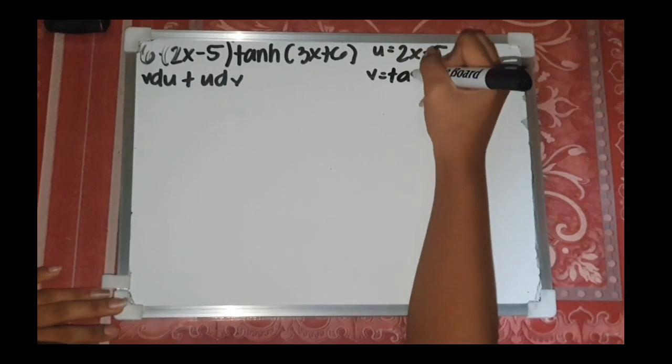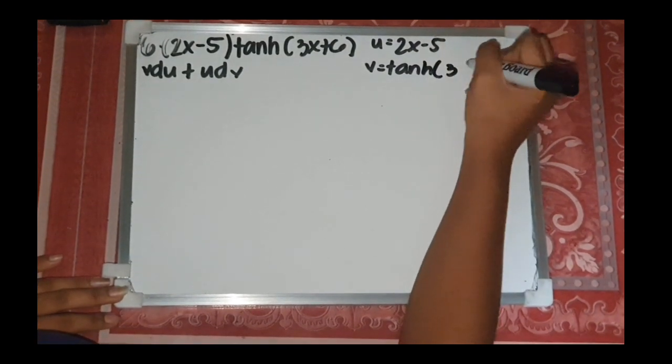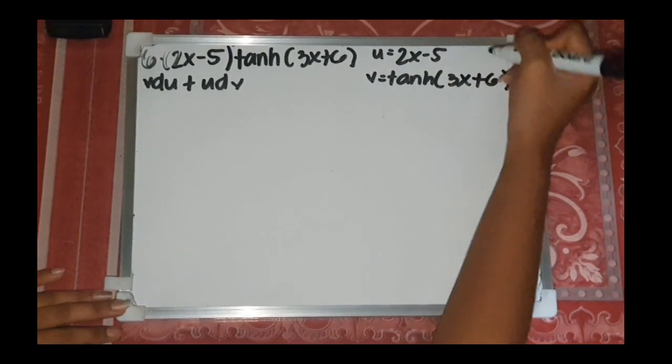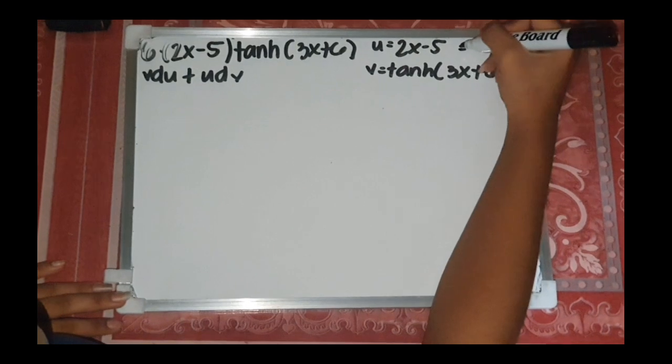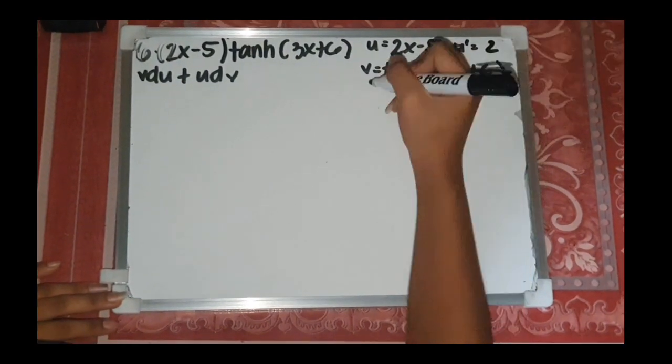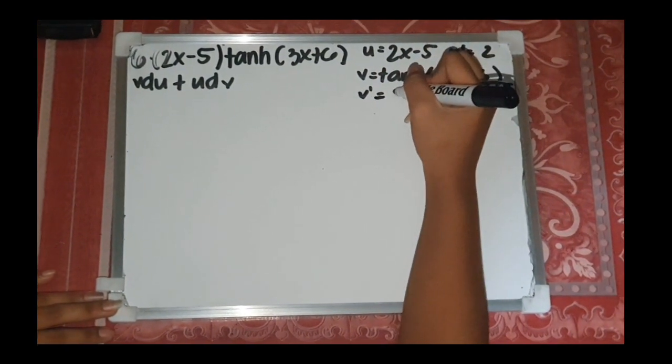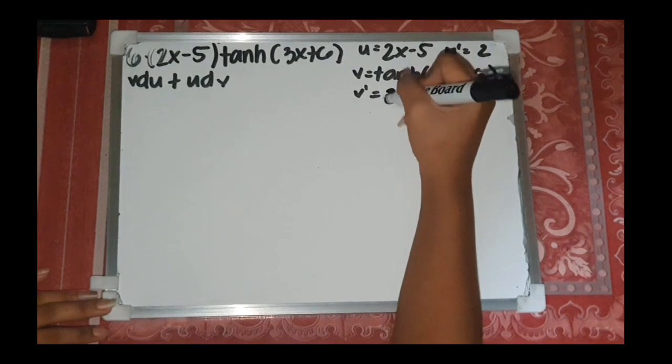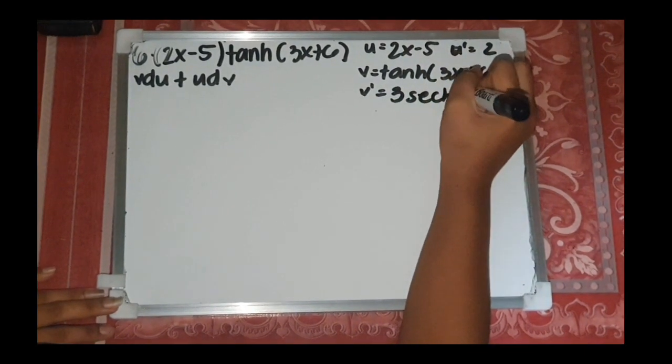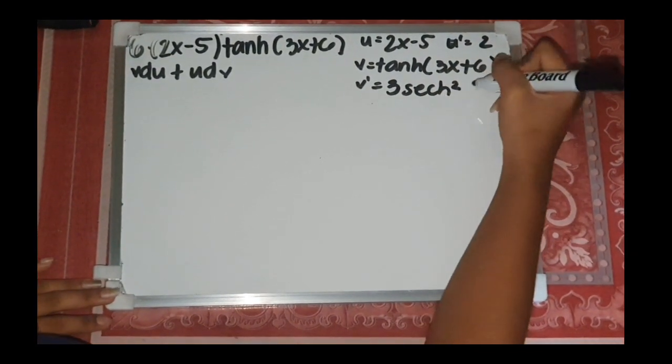The derivative of u is 2 and the derivative of tan is 3 hyperbolic secant squared 3x plus 6.